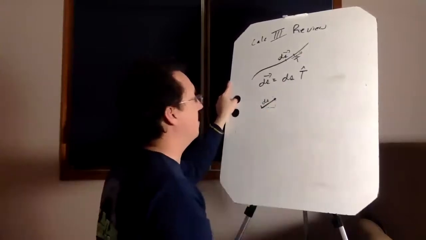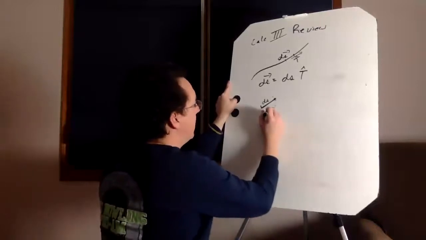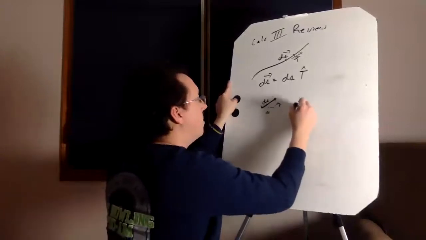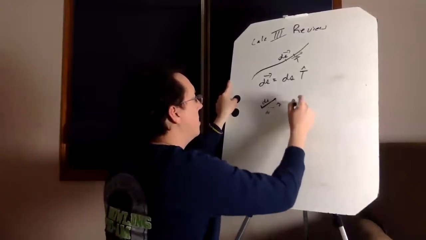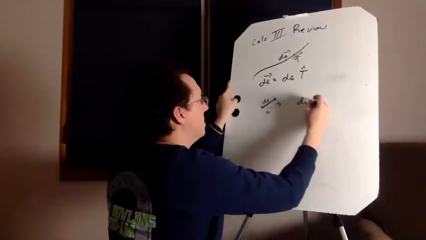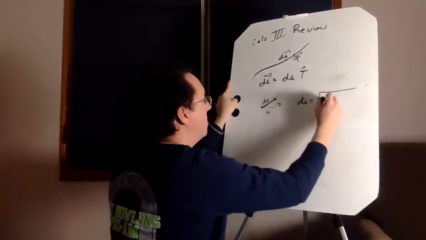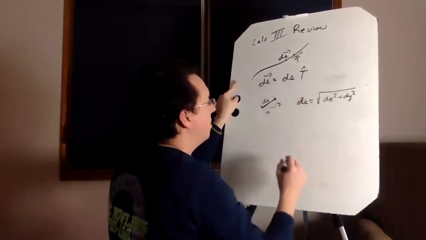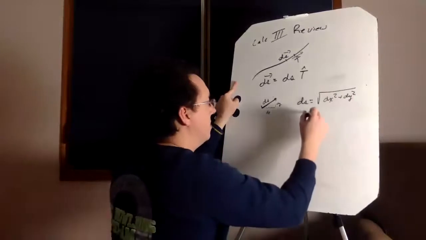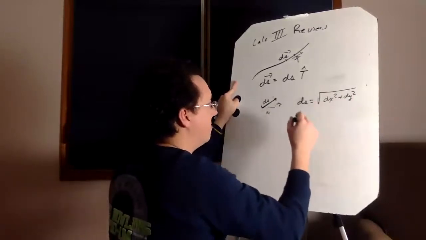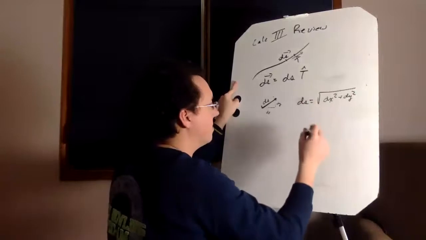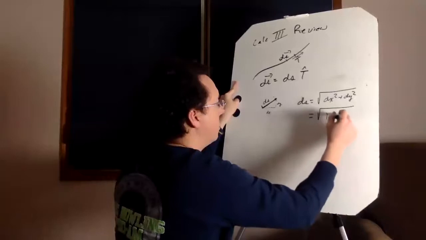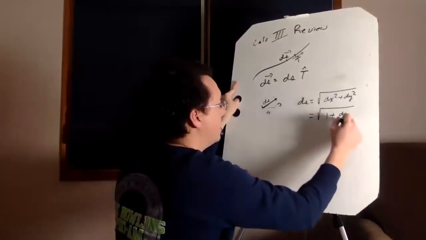In which case I would have dx here and dy here, and therefore I would learn that ds equals the square root of dx squared plus dy squared, or, pretending that the derivatives are like fractions, you can write this as the square root of 1 plus (dy/dx) squared times dx.